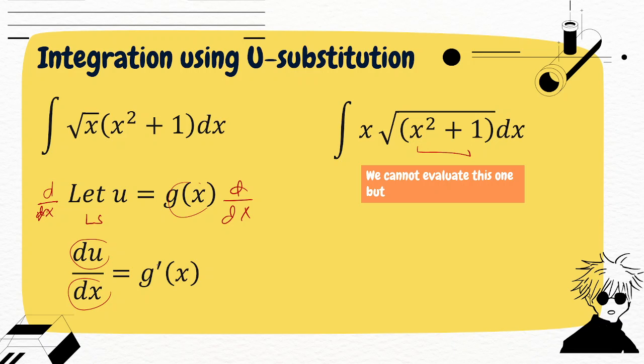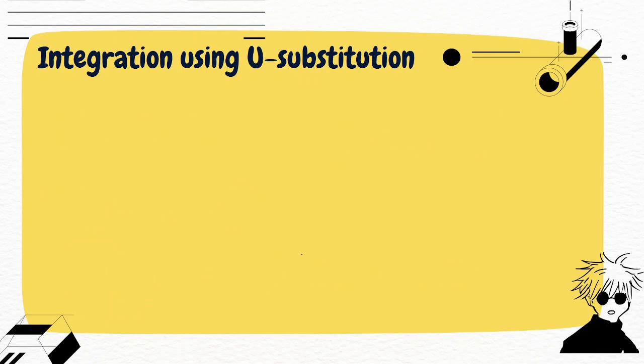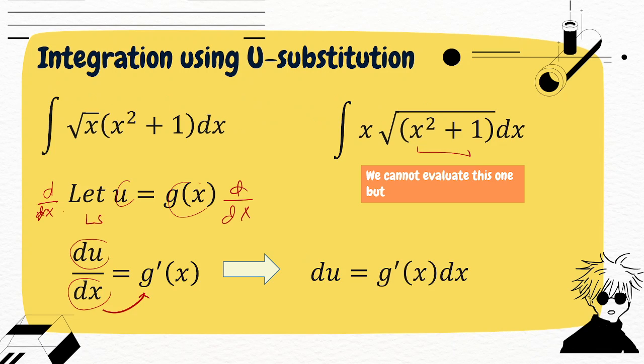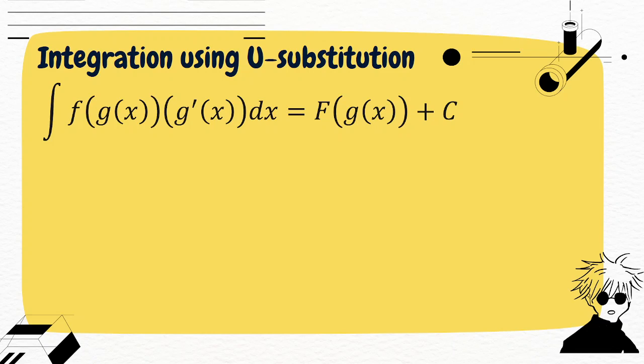If we isolate du by multiplying dx to the other side, we get du is equal to g prime x multiplied to dx. So the integration using U-substitution is represented by this: the integral of f of g of x times g prime x dx is equal to the integral of f of u du, which is F of u plus c.